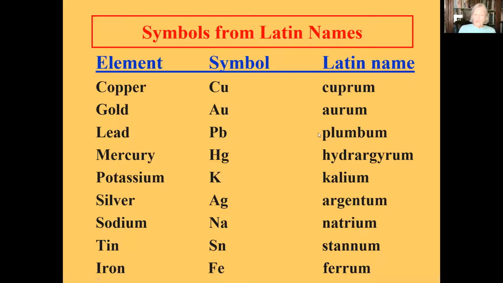Plumbum is interesting because the metal lead is known to be one of the most malleable, bendable metals out there. And so lead was commonly used for pipes and ductwork for water. In fact, the very word for the person who comes and works on our pipes that hold our water is called a plumber because of this Latin name.